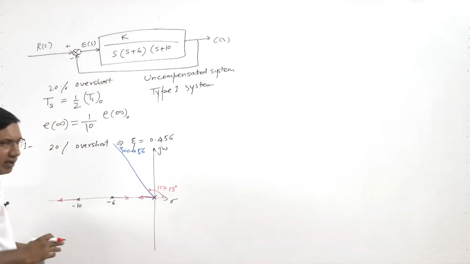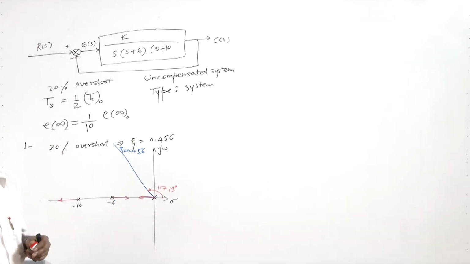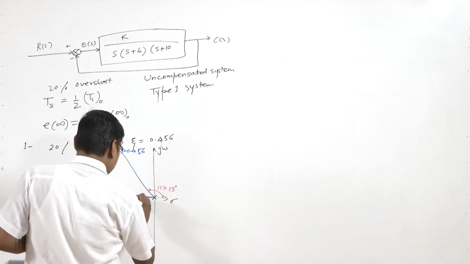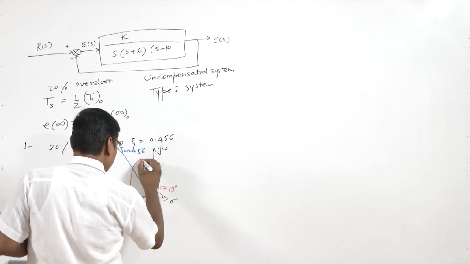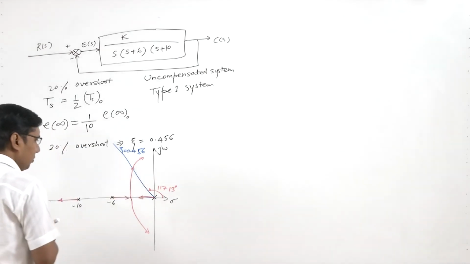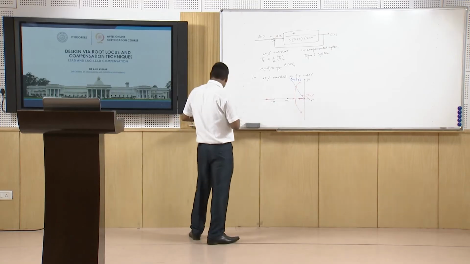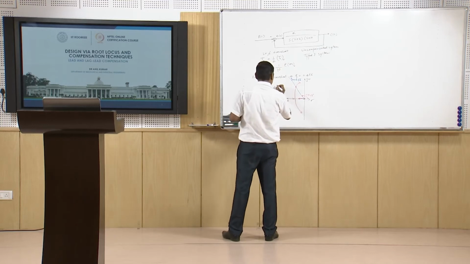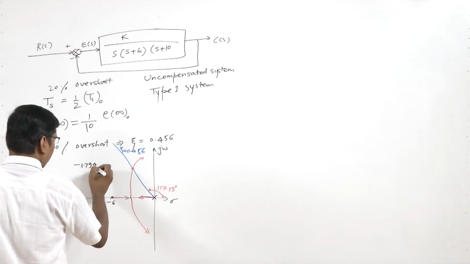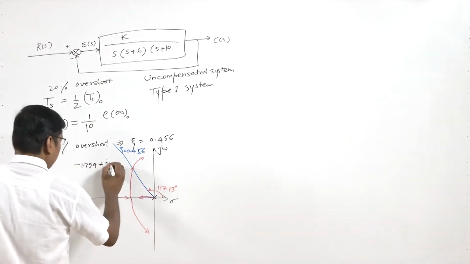There is no finite zero, so all these three poles will go to infinity as a root locus. They will bifurcate at some point between these two, and this will go and cut this line at some point. We know how to find these points, and the point where it cuts is -1.794 + j3.501.